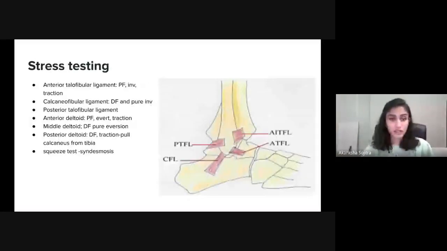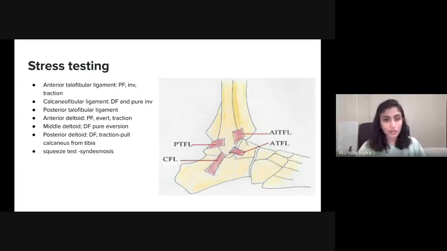Now, stress testing. I'm sure you would have gone through all the stress testing for the ligaments in your orthopedic section. I'm just going to quickly go over how the testing is done. For ATFL, you bring the ankle in plantar flexion and inversion, and you provide a general traction. Then you're looking for gapping of the joint, and whether there is an end feel or not.